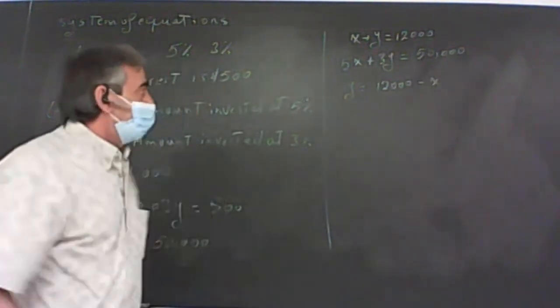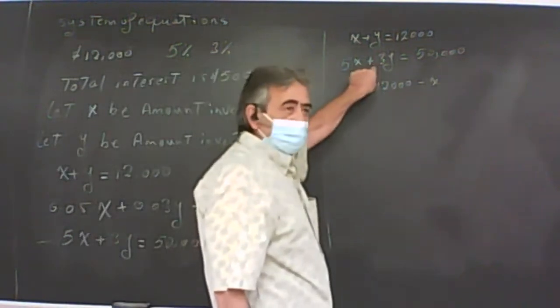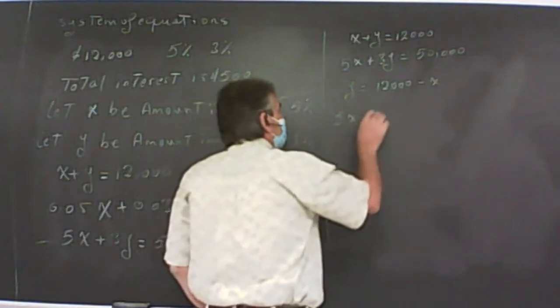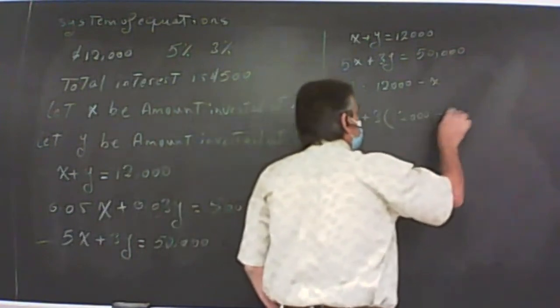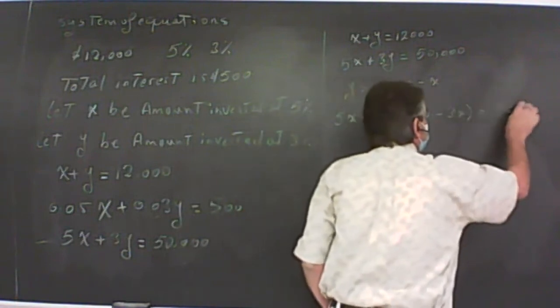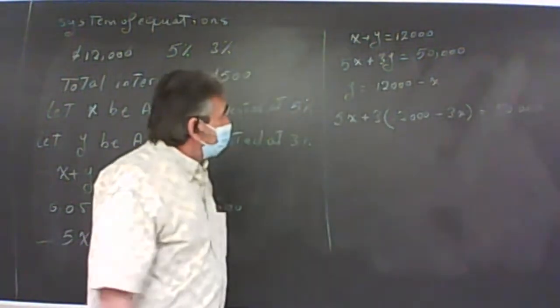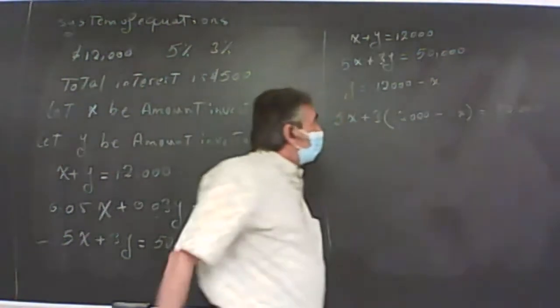With that said, then I can go ahead and substitute this number into the second equation. So we have 5x plus 3 times 12,000 minus 3x equal 50,000. Oh, sorry, I already multiplied in my head.